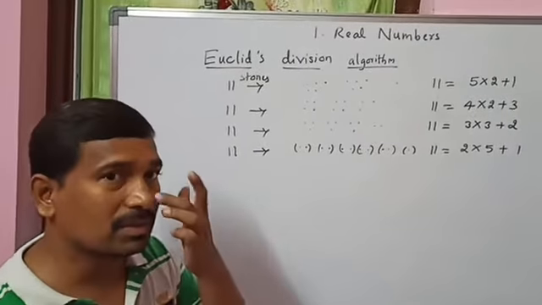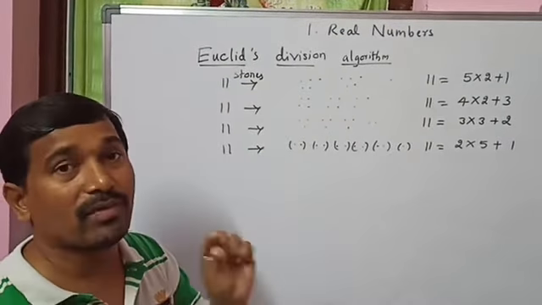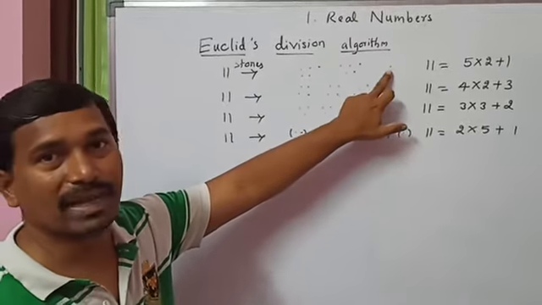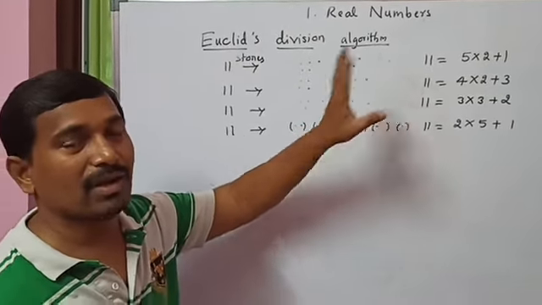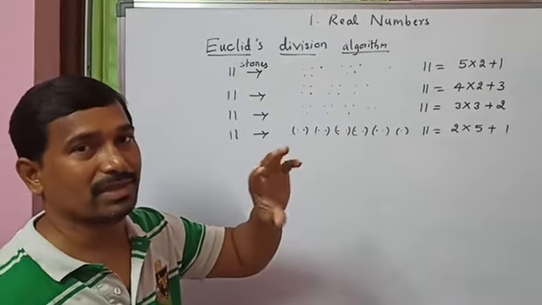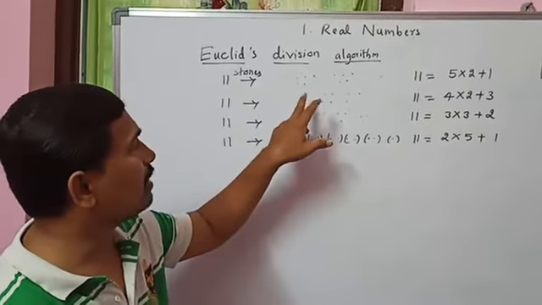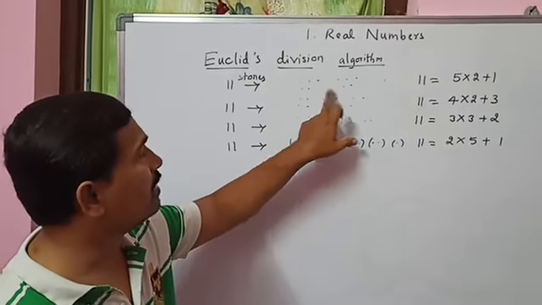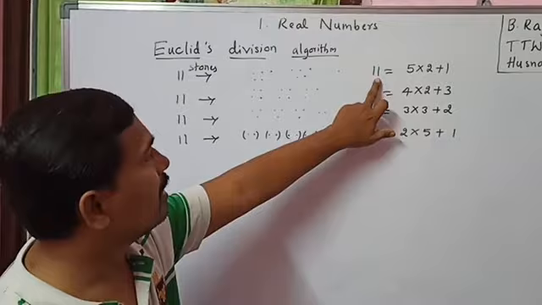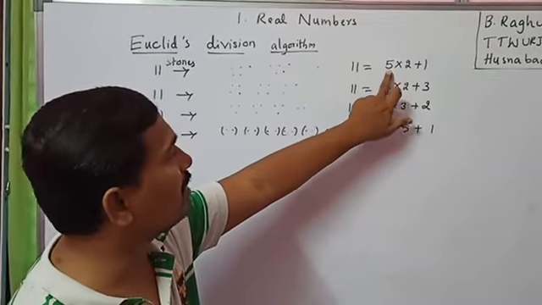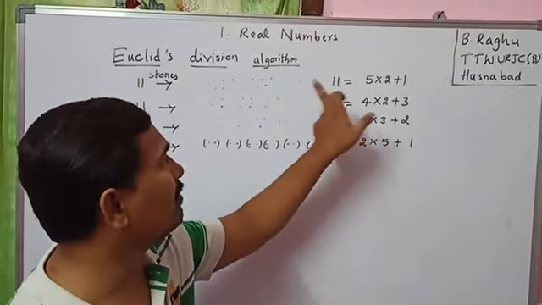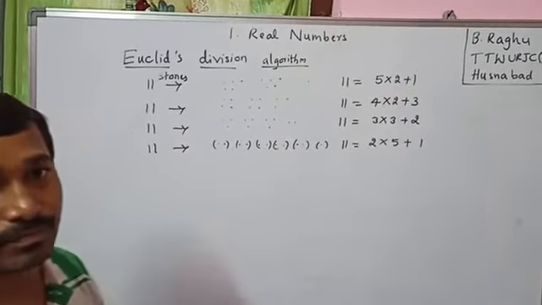If I distribute 11 stones, 5 each, 2 members get 5, 5 and 1 will be left. So that can be written as 11 equals, I am giving 5 stones to 2 members, so 5 2s are 10, and 1 will be left, that is plus 1.